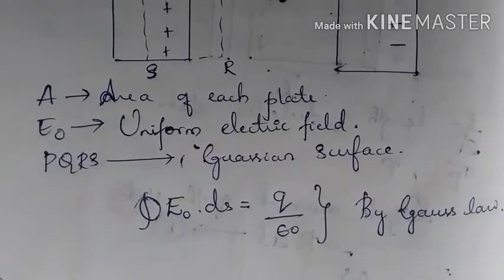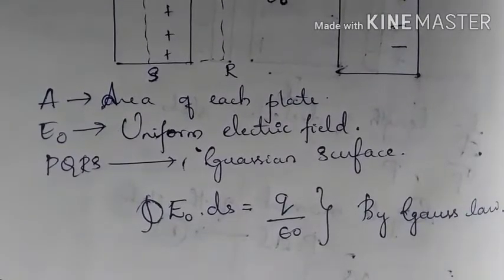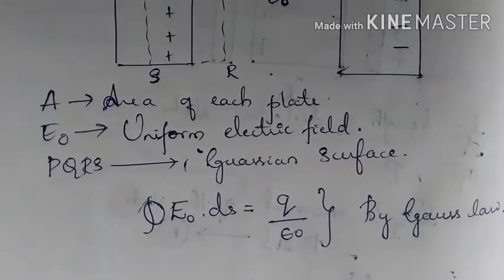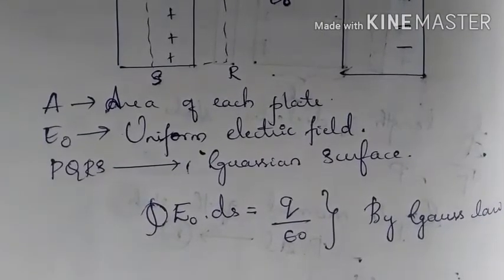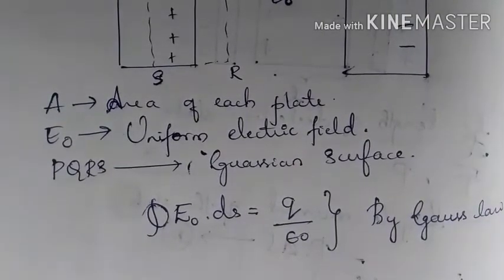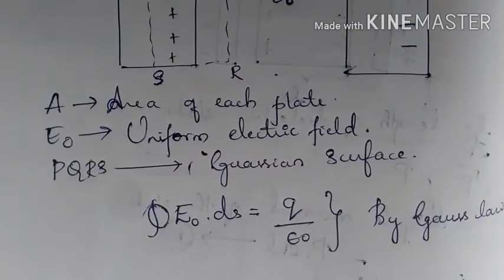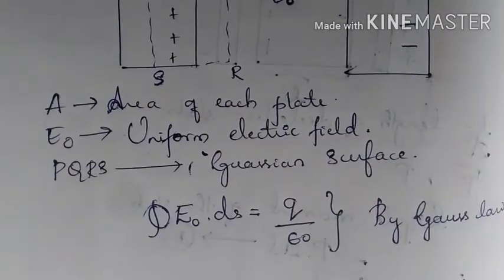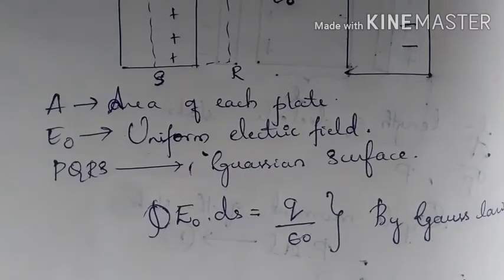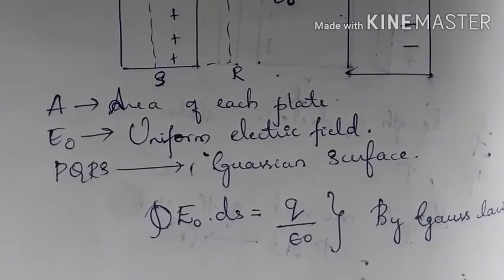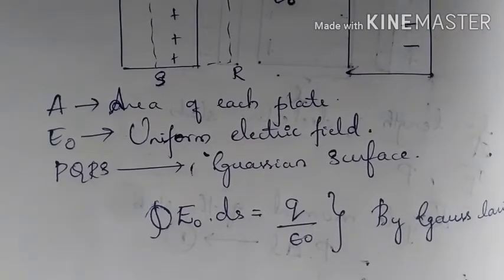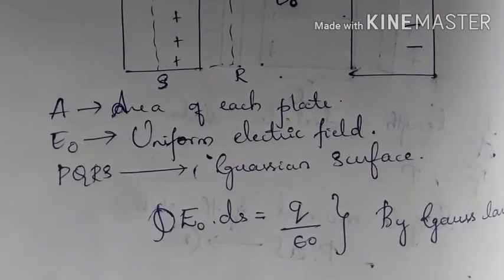So this expression you again have learnt in the PUC. So in second year you have learnt the Gauss law, and this expression Q by epsilon naught also you have learnt. So what this means, that is the total electric flux across the closed surface is equal to 1 by epsilon naught times the total charge enclosed by the surface.